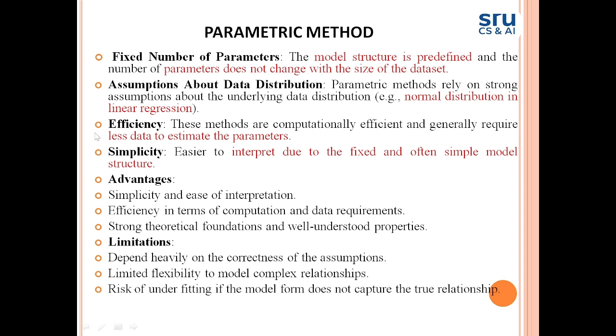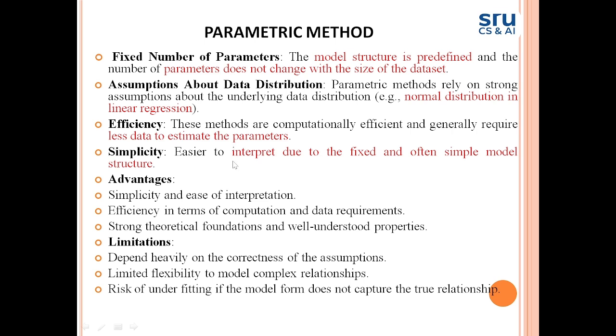So what different assumptions are we using for data distribution? Here the parametric method is based on strong assumptions about the underlying data distribution, for example normal distribution in linear regression. So this method requires less data to estimate the parameters.